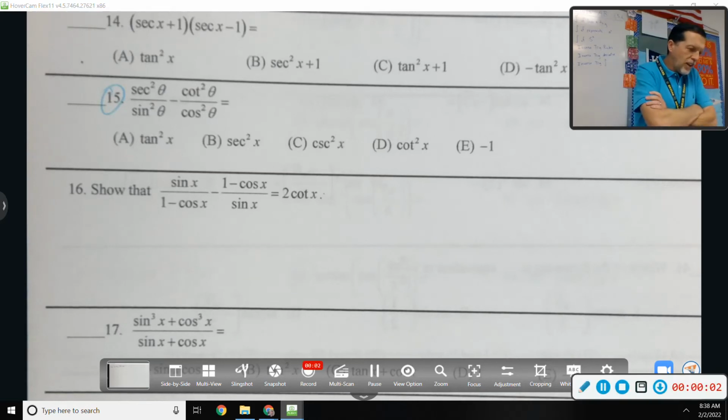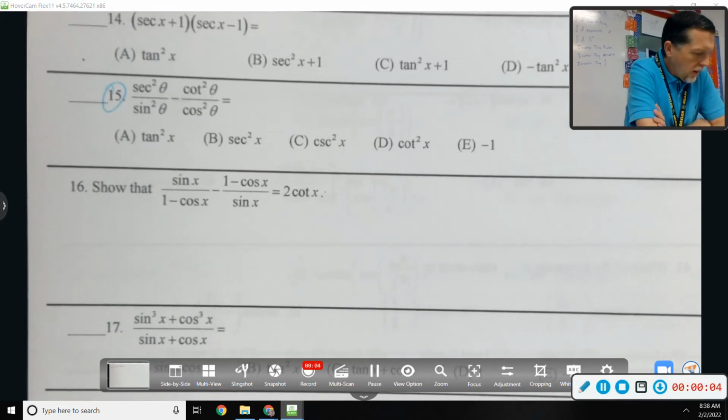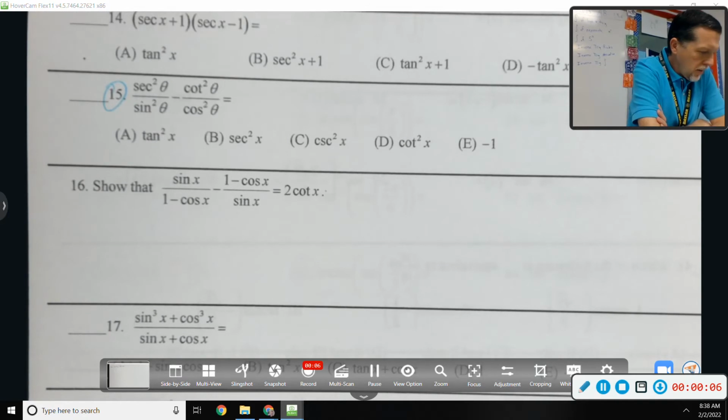For number 15 on the review, secant squared over sine squared minus cotangent squared over cosine squared. Really? Secant and cotangent. Secant is 1 over cosine.